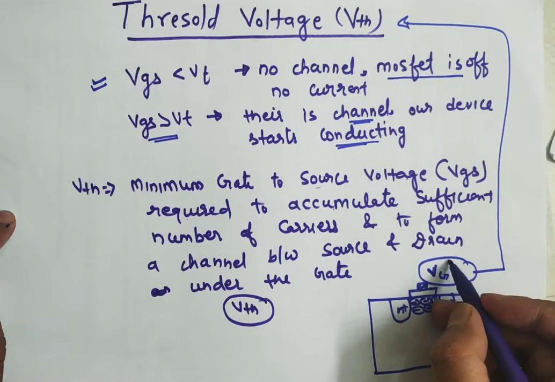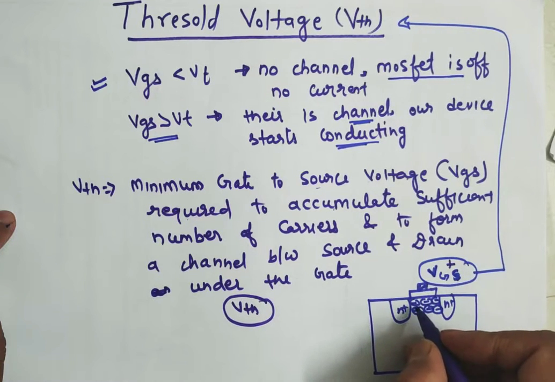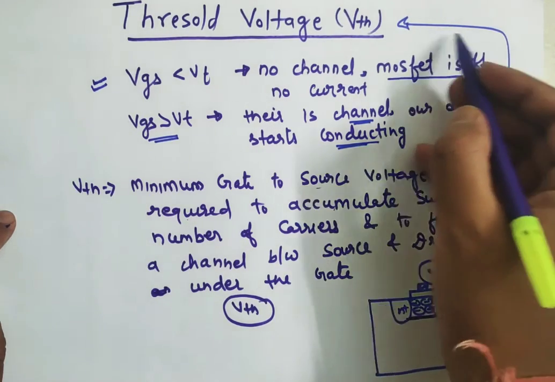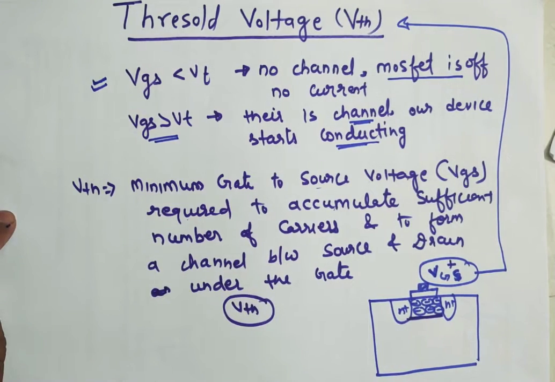Let's say this one is applying positive, it will attract negative charges, or electrons, here, and this will form a channel, correct? Once this channel is formed, there will be a flow of electrons, and in turn we will get the current. So this VGS we are saying is the threshold voltage.